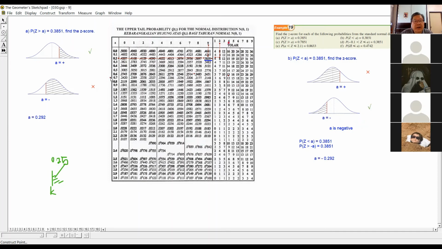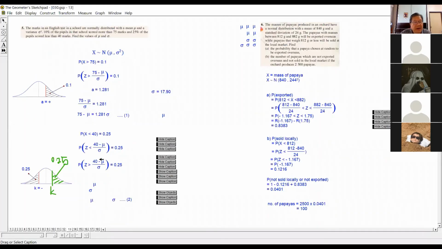So I read 0.674. Okay, remember 0.674. So coming back here, the z-score will be 0.674.